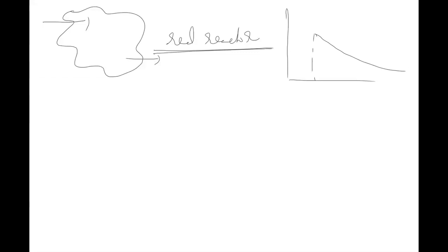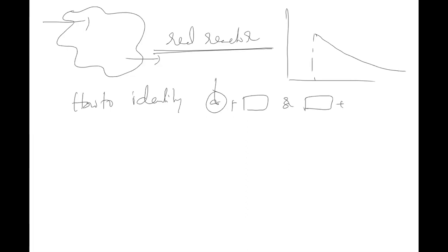But which one rightly represents the real reactor? Is it CSTR followed by PFR? Because CSTR followed by PFR and PFR followed by CSTR will have the same RTD. But how do you identify whether it is CSTR plus PFR or PFR plus CSTR?